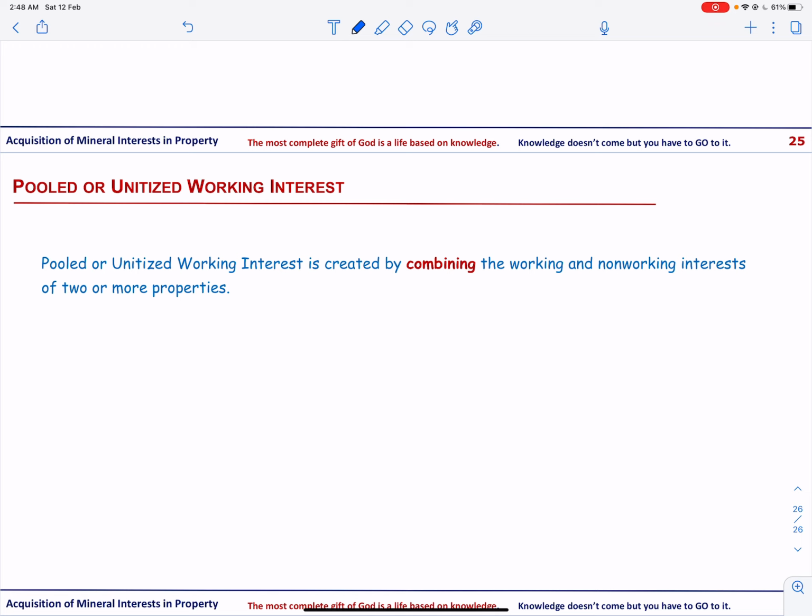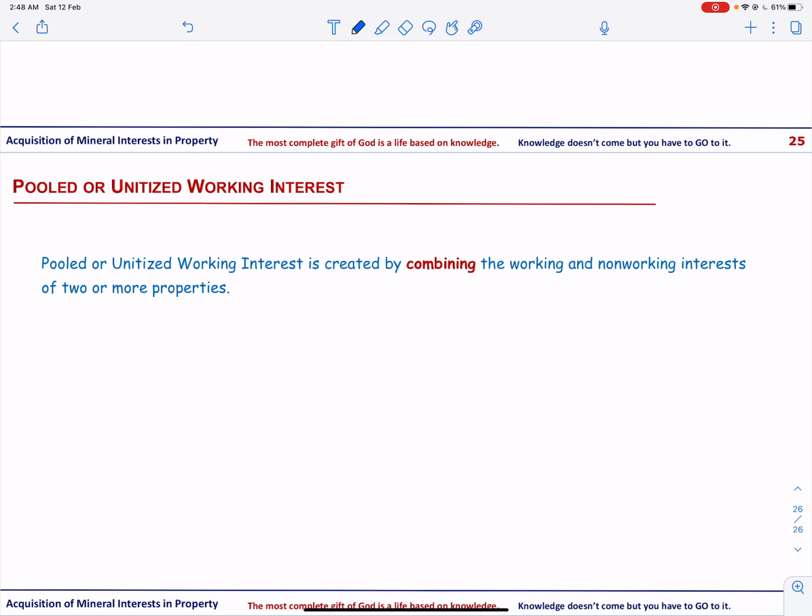Thus, each interest owner owns the same type of interest but a smaller percentage in the total combined property. Pooling and unitization refer to combining of lands into a unit large enough to meet government regulations for drilling, etc.